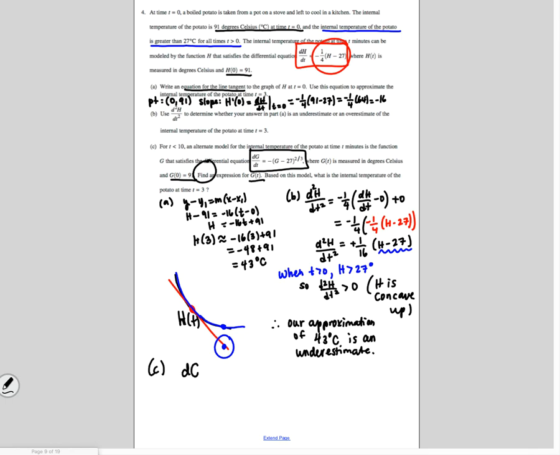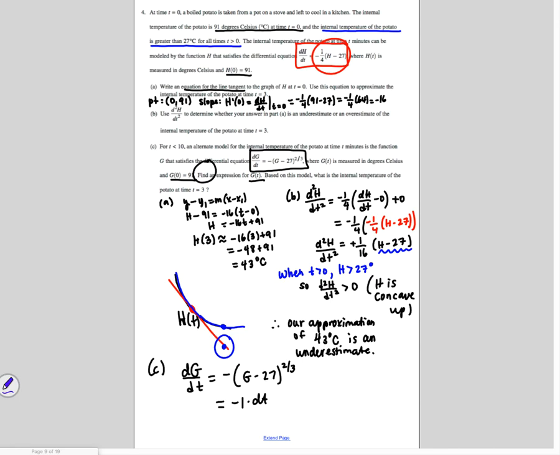We're going to have dg over dt equals negative g minus 27 to the 2/3. All right, so it's kind of weird because there's no t's. So I'm going to leave the negative 1 over here, and I'm going to do dt. And then I'm going to bring this part to the other side by dividing it over.